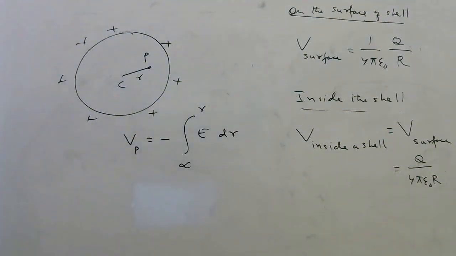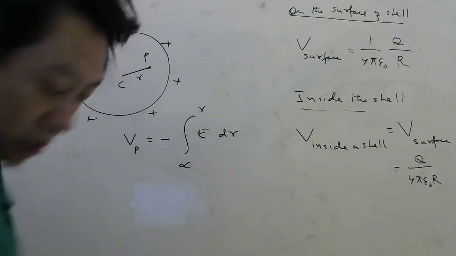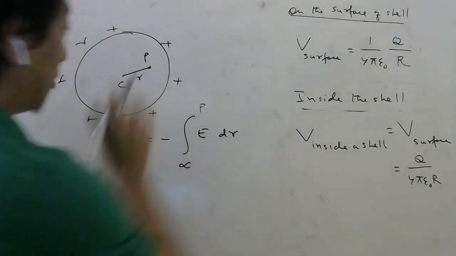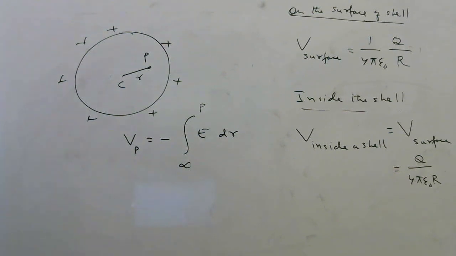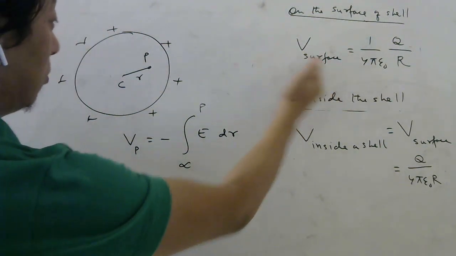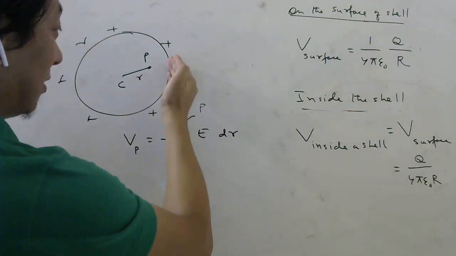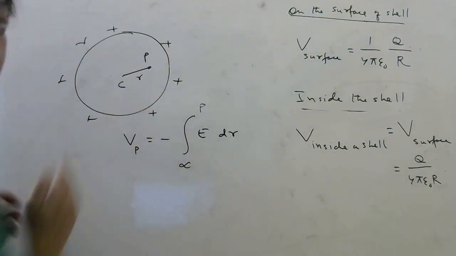Right? Okay. Now look carefully. As I come from infinity to this p, first I will come from infinity to the surface, then from surface to p. That way I can write.